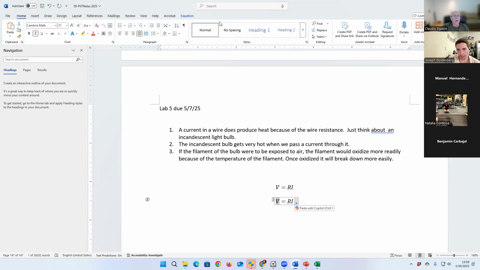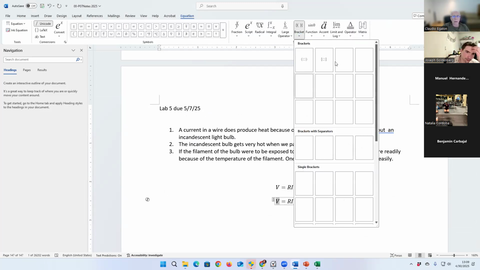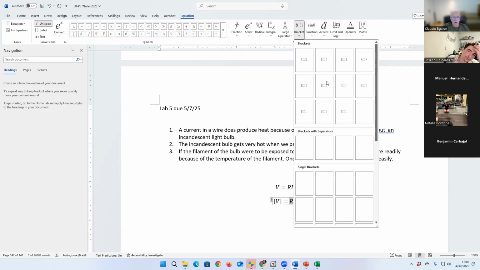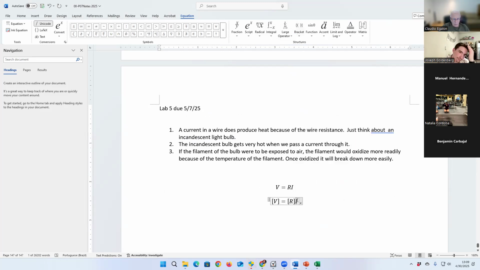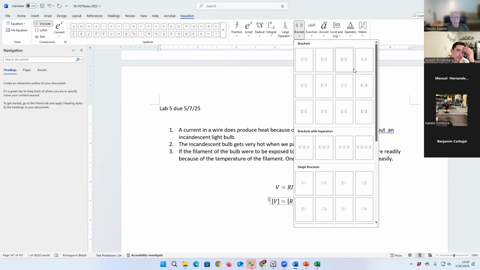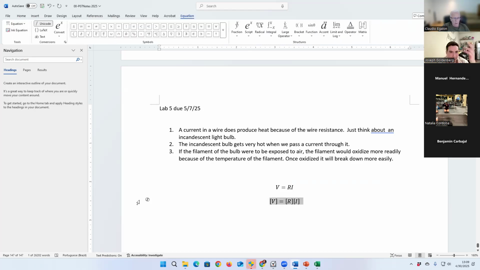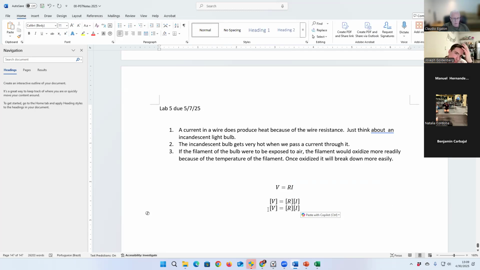Unit of V is equal to unit of R times unit of I, right? What's the unit of V? Joules per coulomb. Yeah, joules per coulomb, but joules per coulomb also has another name, right? What's the other name? Volts. Yeah, here you go. Volts. What's the unit of I?